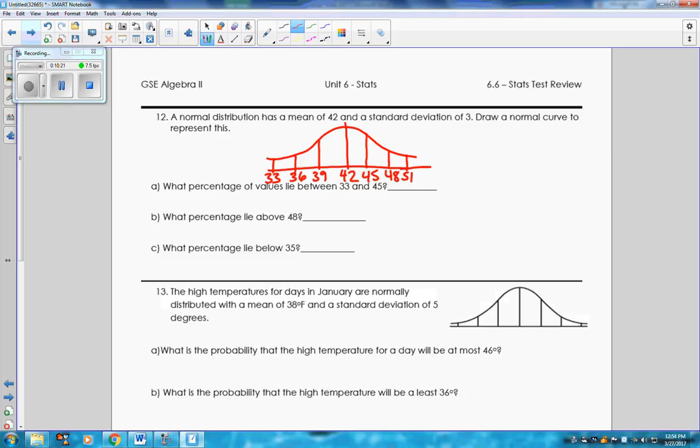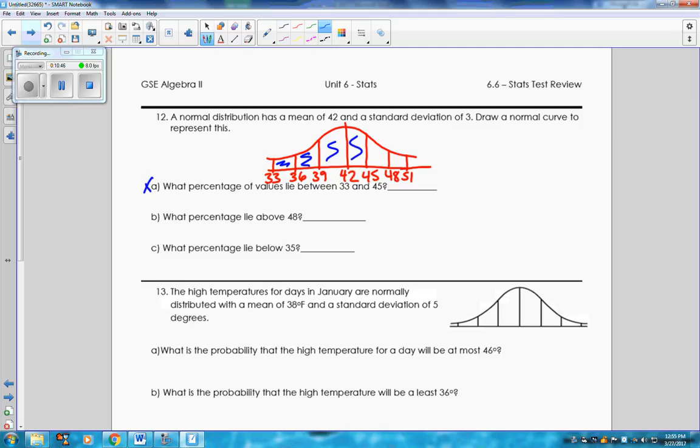Part A asks which values lie between 33 and 45. So it's going to be this area, all of that area added together. Since 33 and 45 both land on a standard deviation line, then I don't have to use the calculator for this. I just need to add up the percentages of those areas.